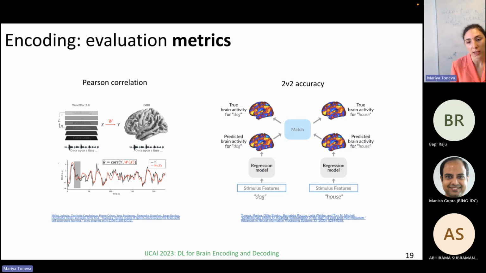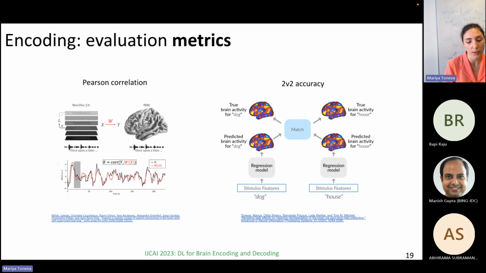Another one is to turn this into a classification task. One such metric is what's called 2v2 accuracy. And the idea here is to say which of two possible brain predictions relates closer to its truth.